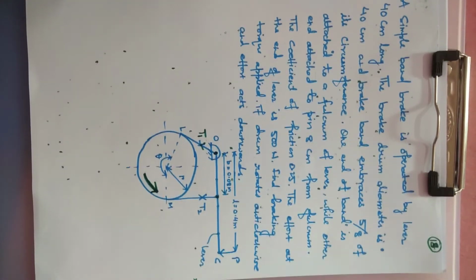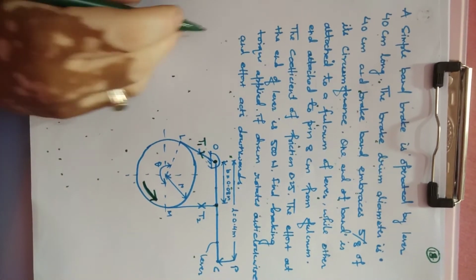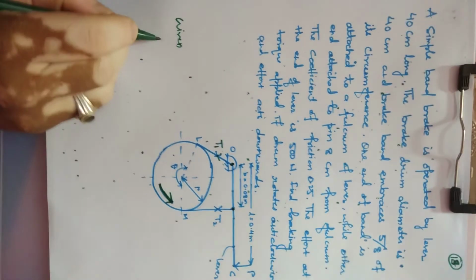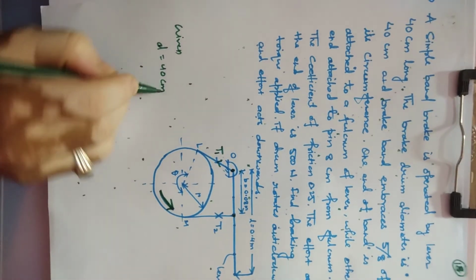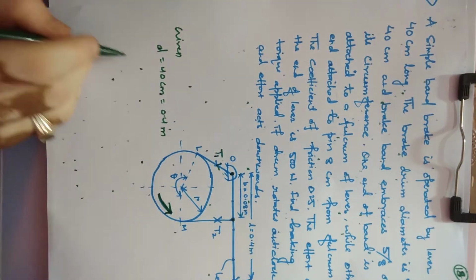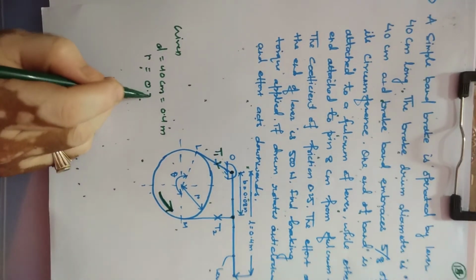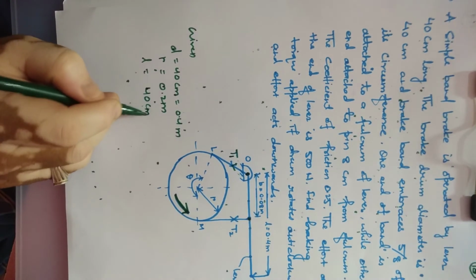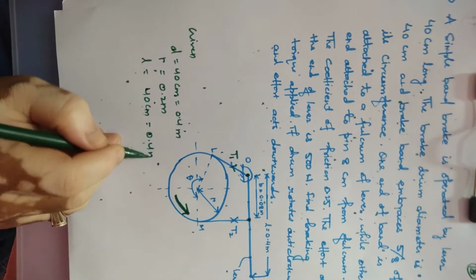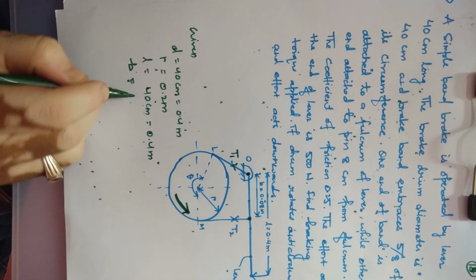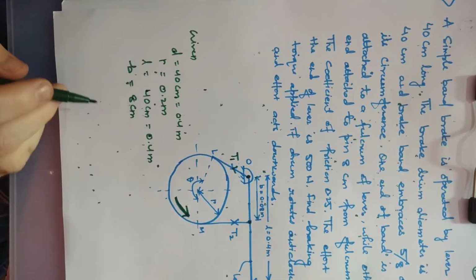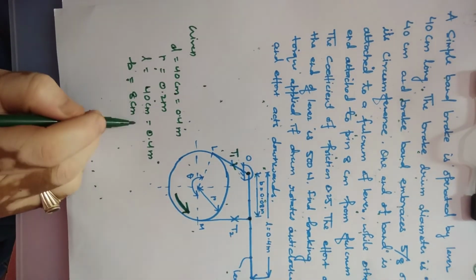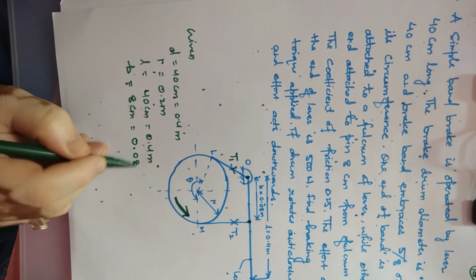Now we have to calculate the braking torque. So the given data will be like this. Diameter is 40 centimeter, that is 0.4 meter, and radius will be 0.2 meter. Length of the lever is 40 centimeter, 0.4 meter, and the pin point B from the fulcrum is 8 centimeter, that is 0.08 meter.